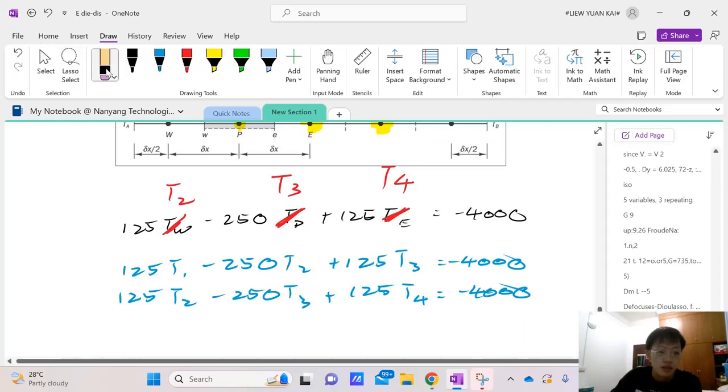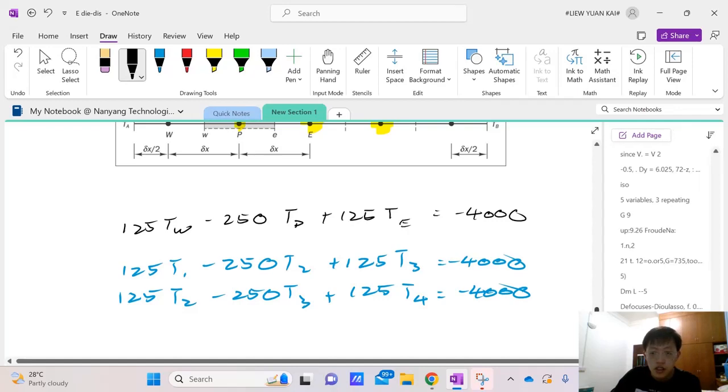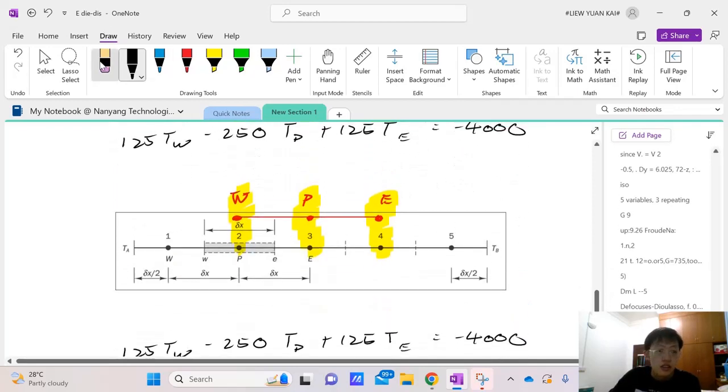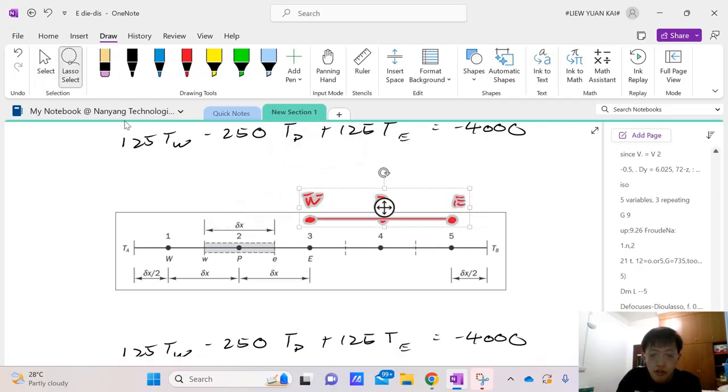Okay, and then we will do the same thing. We'll get rid of this. Now we move this template over and put it over 4.